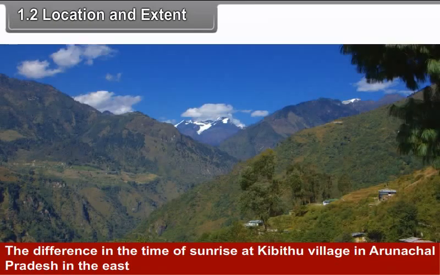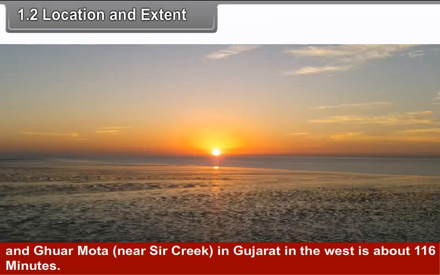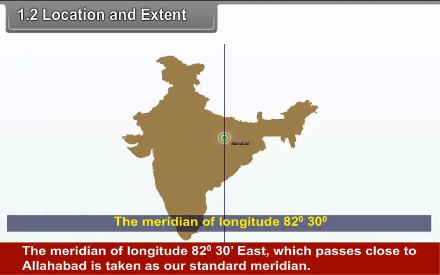Local time, sunrise, sunset, etc. are determined by longitudinal extent. The difference in the time of sunrise at Kibithu in Arunachal Pradesh in the east and Guhar Mota in Gujarat in the west is about 116 minutes.